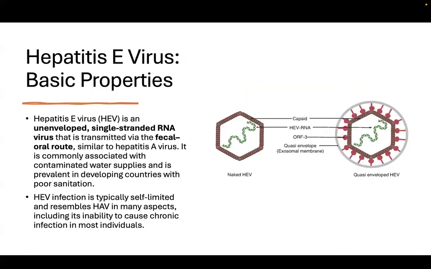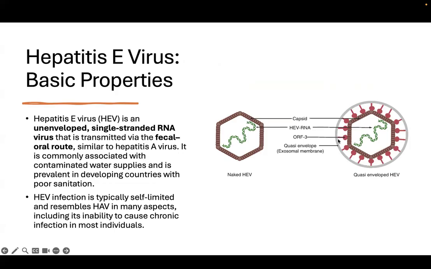The final one, the hepatitis E virus, is very similar to hepatitis A. In general, hepatitis E virus is an unenveloped, single-strand RNA virus. Sometimes we see it with a quasi envelope, which means an exosomal membrane.